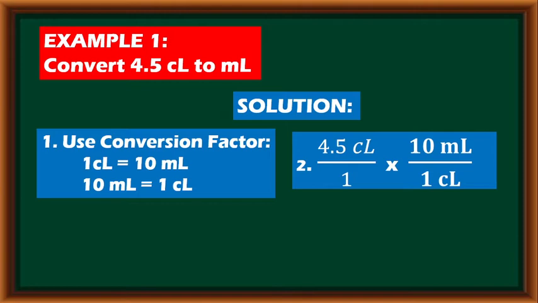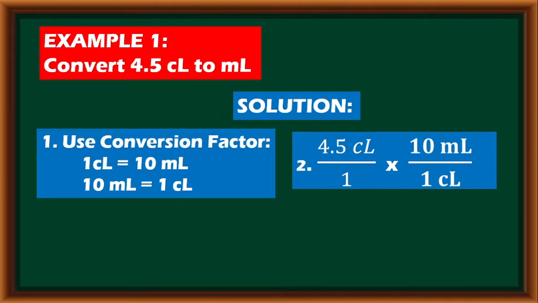In order to cancel out later, the centiliter in the conversion factor should also fall under denominator. The numerator should be milliliter, the unit that should be our final answer.